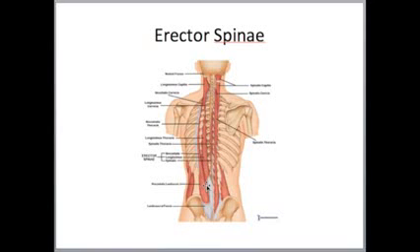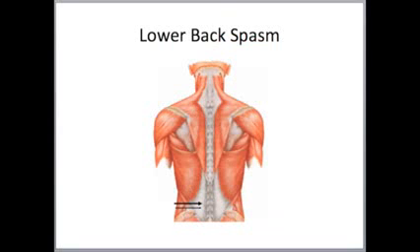Now again, once you have tightness in this area, mostly because the pelvis is being pulled forward, and you're having pain in the SI joints, obviously you're going to get lower back spasms. And once you start having lower back spasms, we only have more limited movement in this area.